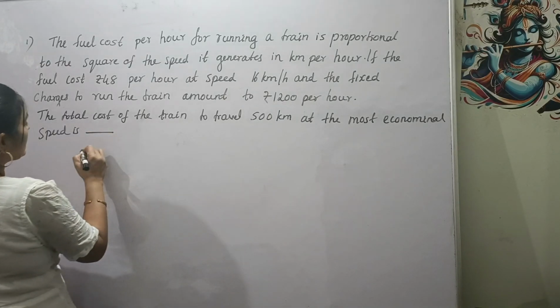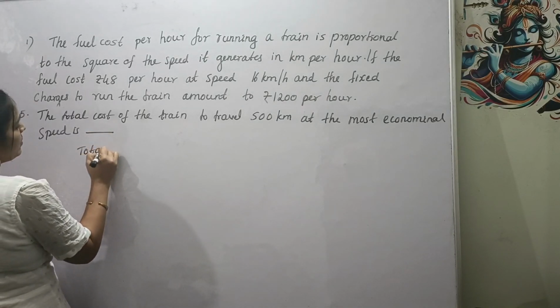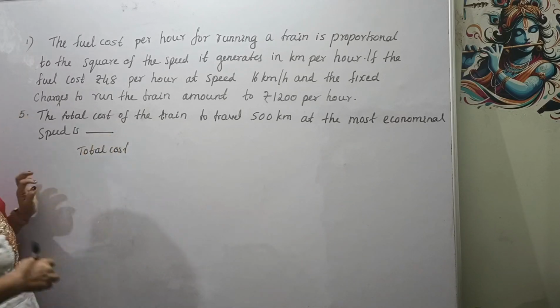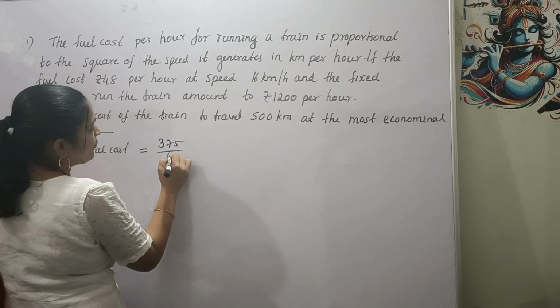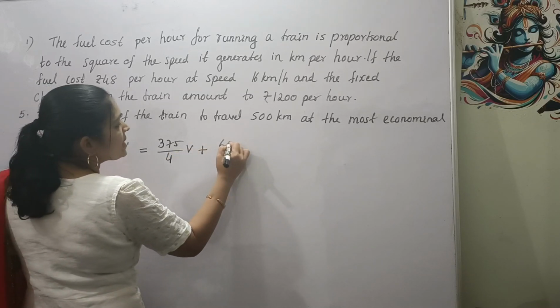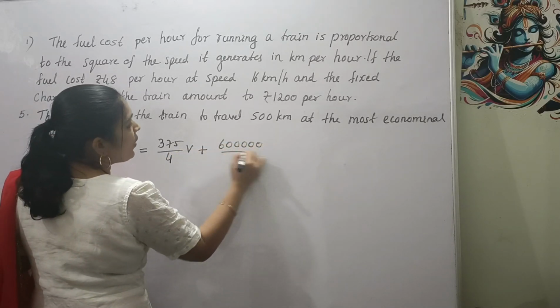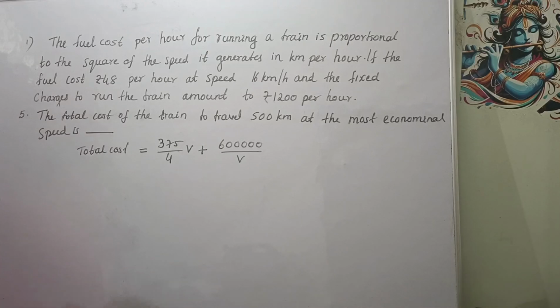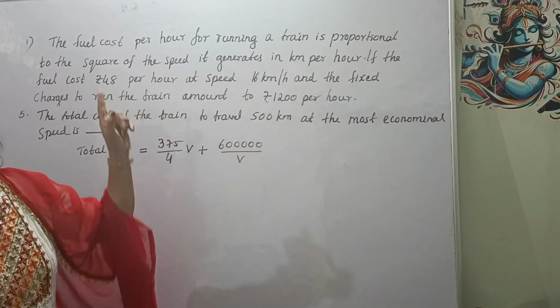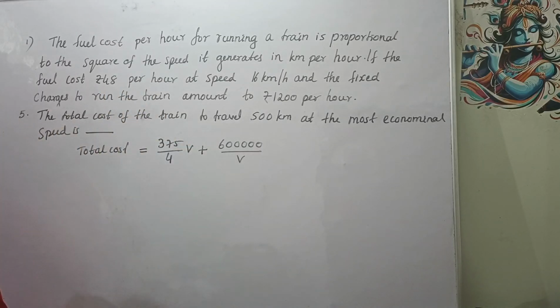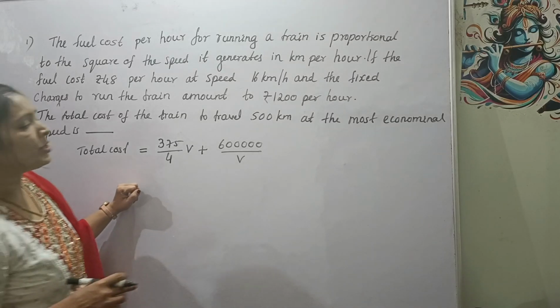So, that is the total cost for 500 km is, we had got 375 divided by 4 into V plus 6 lakh divided by V, right? And here we have to find the total cost of the train to travel 500 km at the most economical speed. What is the most economical speed of the train? That is 80 km per hour.